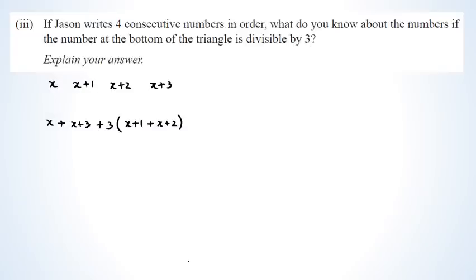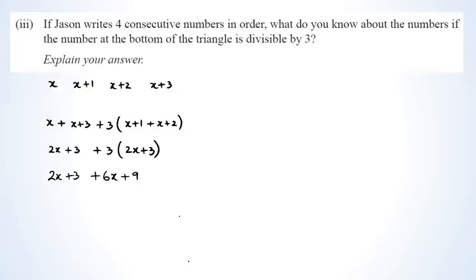Okay, so when I actually expand this out, I've got 2x plus 3 plus 3 times 2x plus 3. So expanding this, I'm going to get 2x plus 3 plus 6x plus 9.